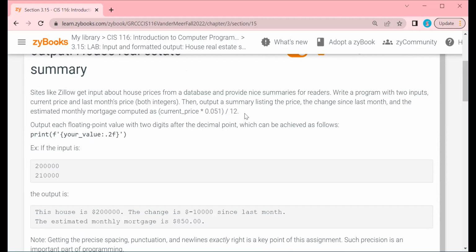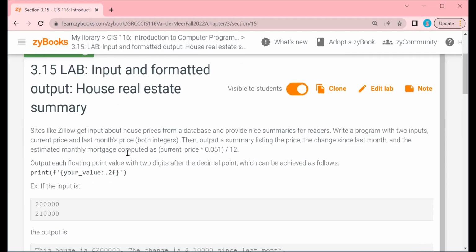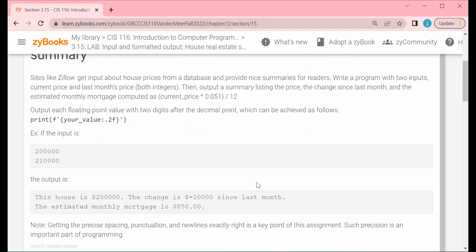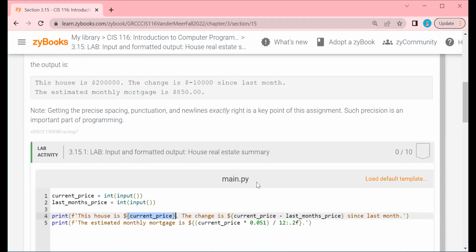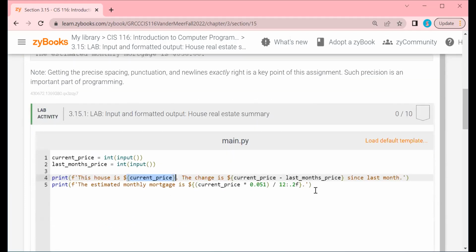I would guess so. 5.1% interest. Wouldn't you guess? Kind of high. I don't know what that number is, but it's right there for us. So I bet you're right. So there's different ways you could code this. This is just one example.